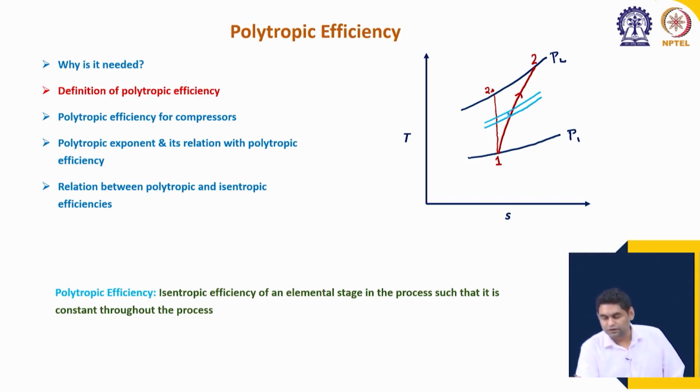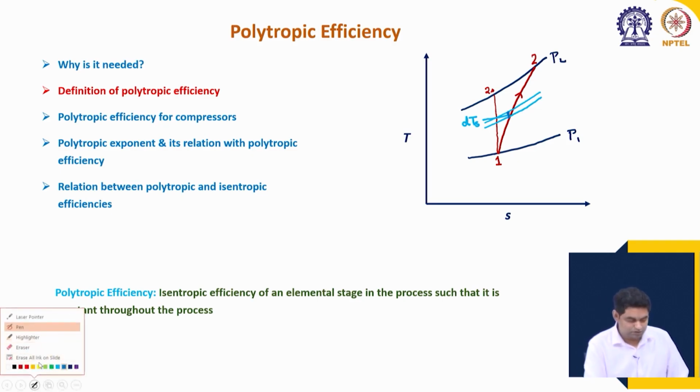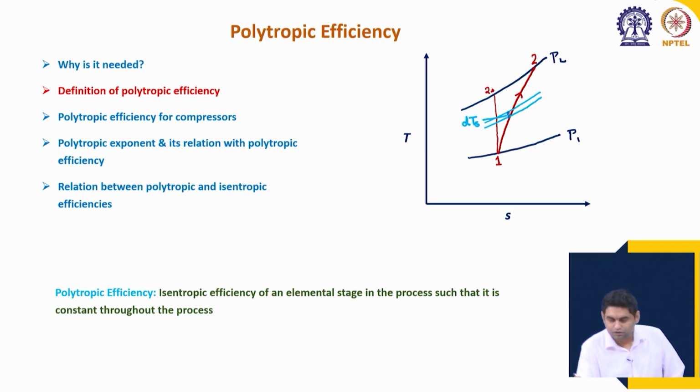Let us say that this is equal to dTs, the infinitesimal isentropic temperature change. We will use another color, this is becoming too complex, maybe. The actual temperature change, which is equal to this, let us call this dT.